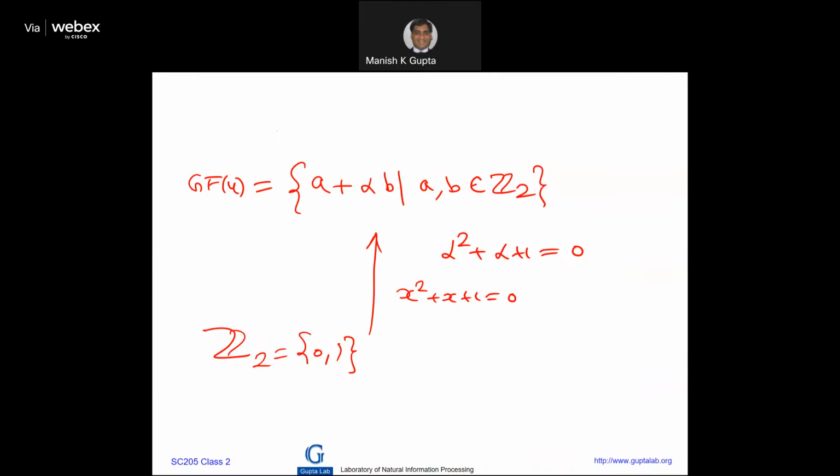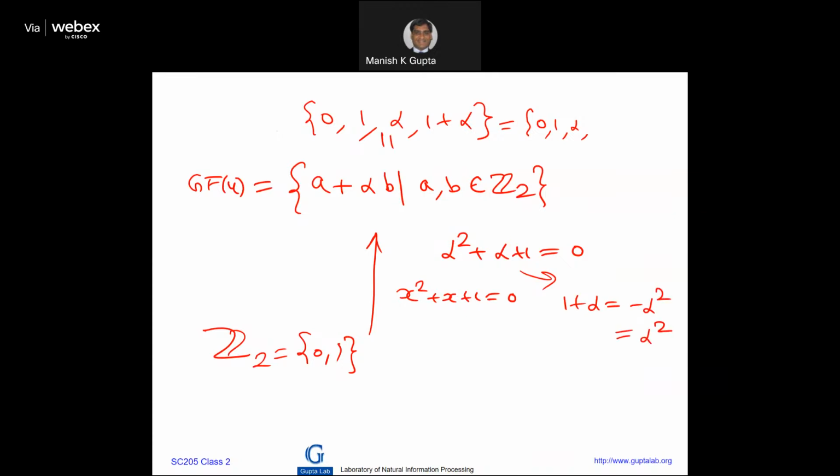I can write down all the 4 values here: 0 when A and B are 0, then 1, then alpha, and 1 plus alpha. 4 elements, right? But I can simplify it more.